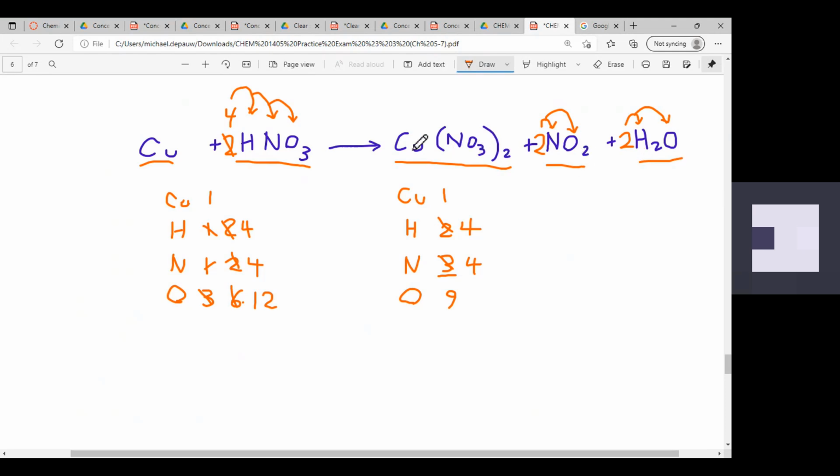And then I have 6 from the copper nitrate. That gives me a total of 12. So if I balance the easiest ones first, the hardest ones will balance themselves. So that's the tactic that I use with these. I hope that helped.